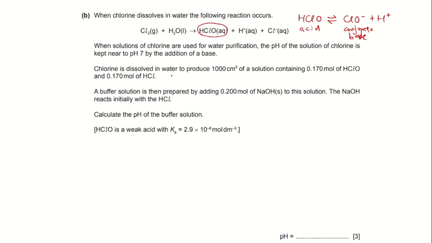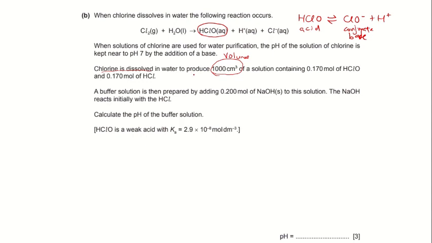Now there are many steps in making this buffer solution. First, they dissolve chlorine in water. So the total volume of that solution is 1000. Let me put it here first, volume. We are going to need this volume to calculate the concentration later.